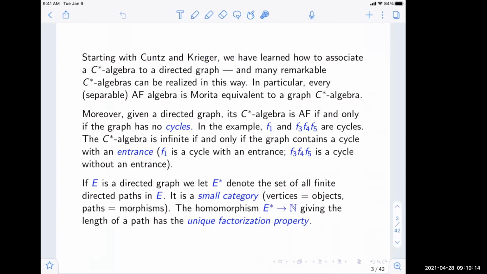It was noticed that the Kunz algebras, of course, are built with isometries, and the presence of isometries is detected from the graph by whether or not there's a cycle that has an entrance. Okay, so let's not define entrances.